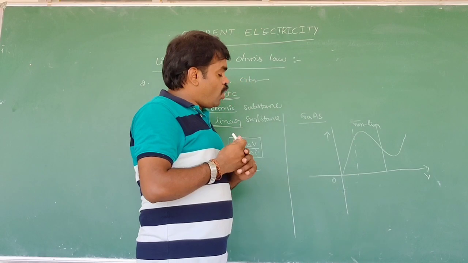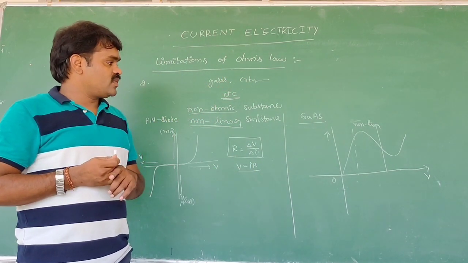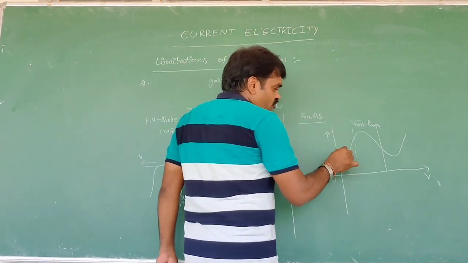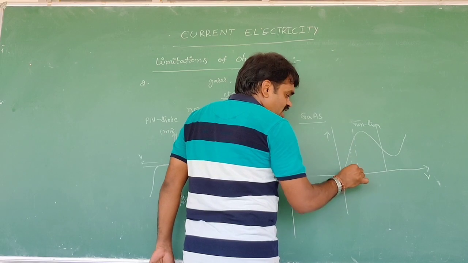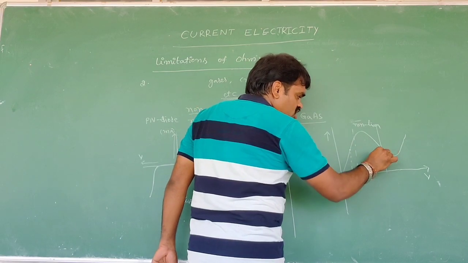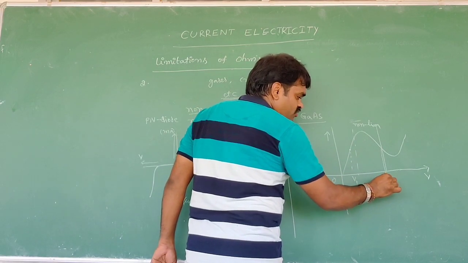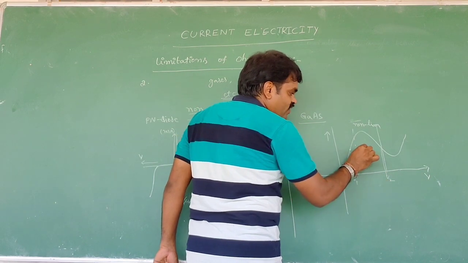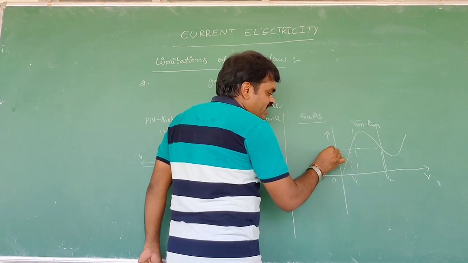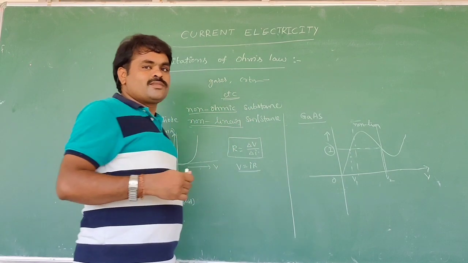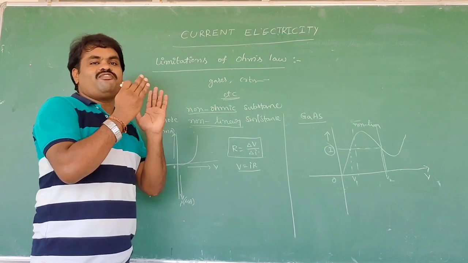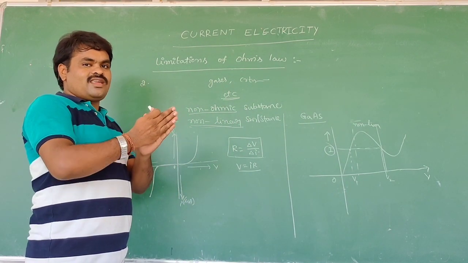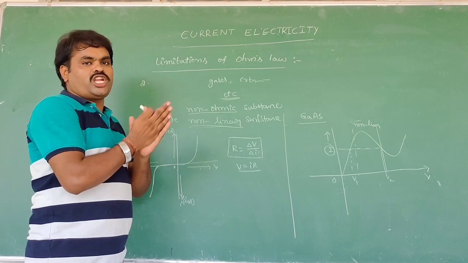But in this graph, we can observe that at different potentials they have the same current. What is linear? Different currents have different potentials.